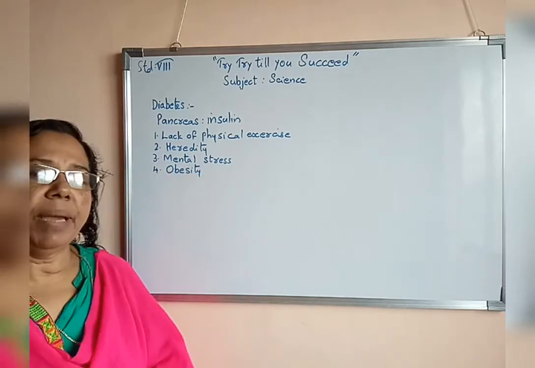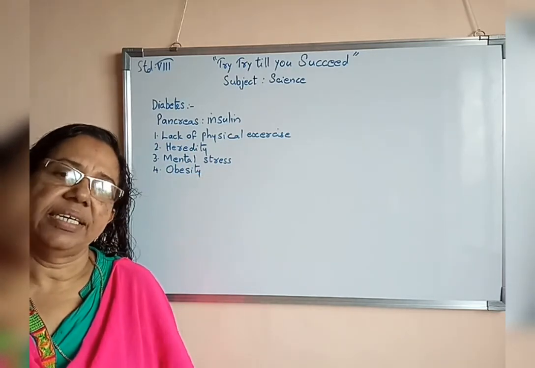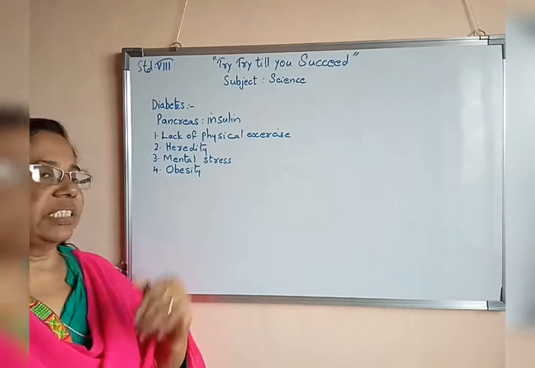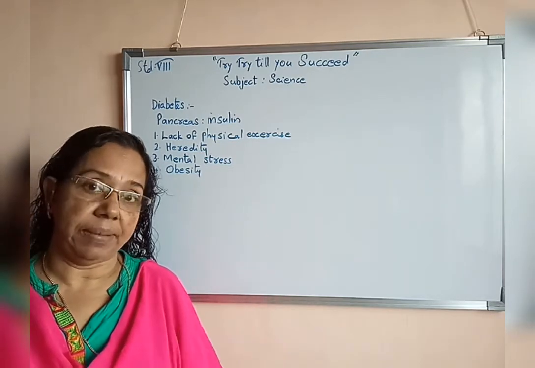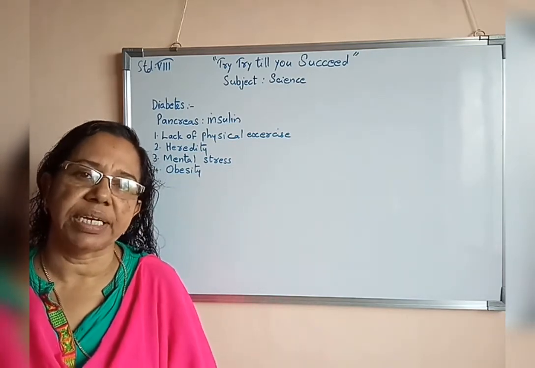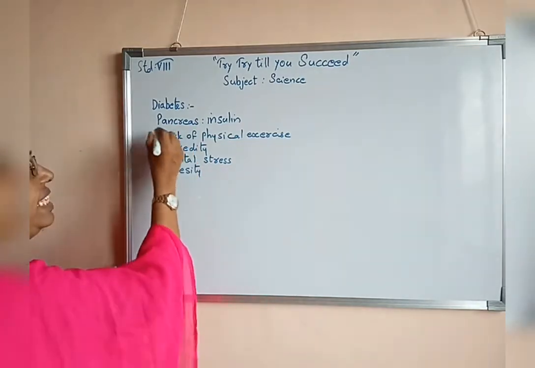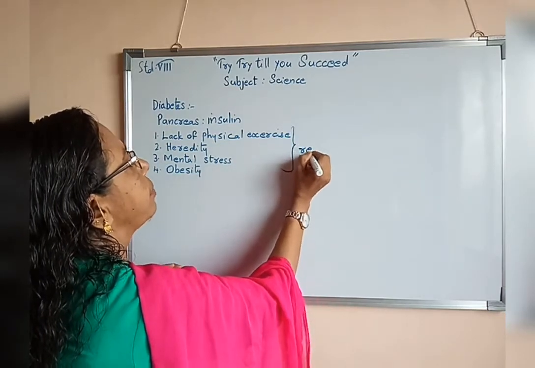Third reason, mental stress. If you are having so many tensions, there is a possibility of getting diabetes. The fourth reason, if we are obese, more and more fatty, then there is a possibility of getting diabetes. These are the reasons for getting diabetes.